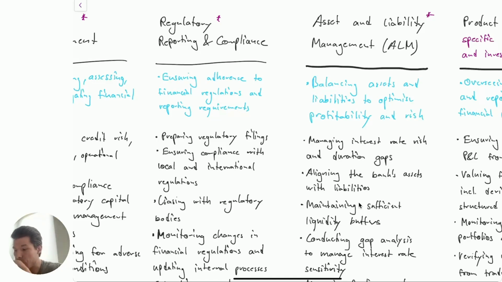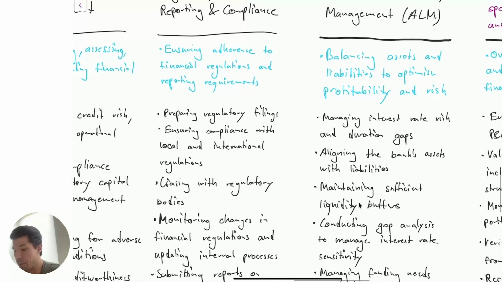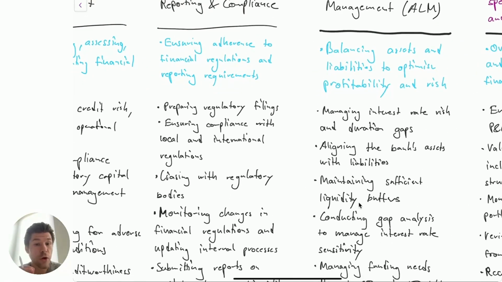That's why there's usually a regulatory reporting and compliance department that ensures adherence to those regulations beyond accounting and taxation. So this department would prepare regulatory filings, for example, capital adequacy reports and liquidity coverage ratio reports.